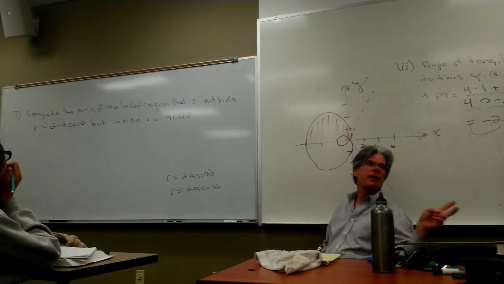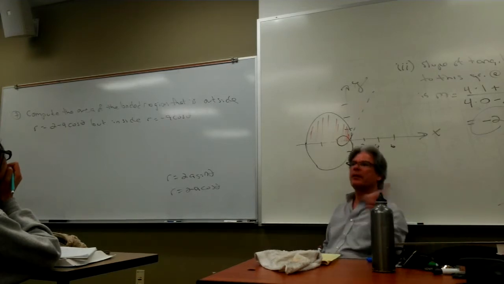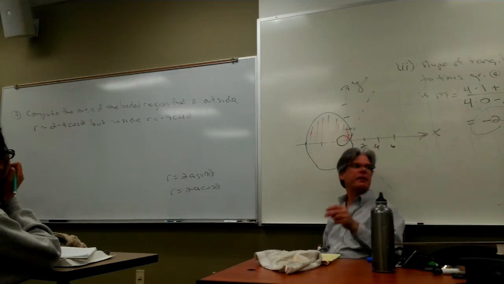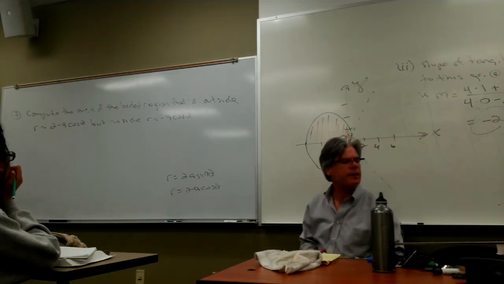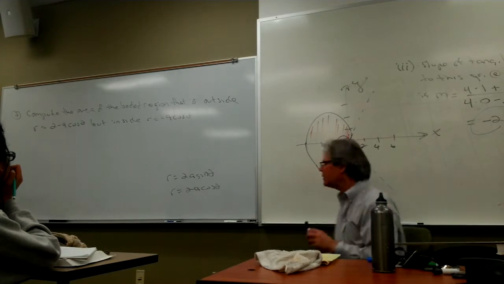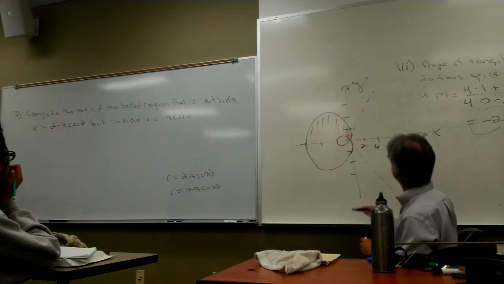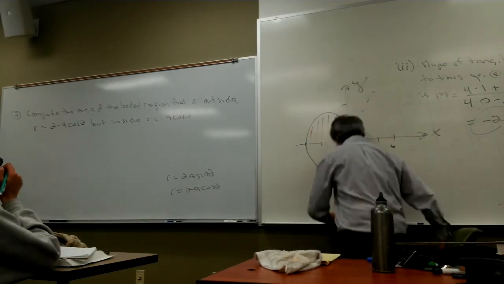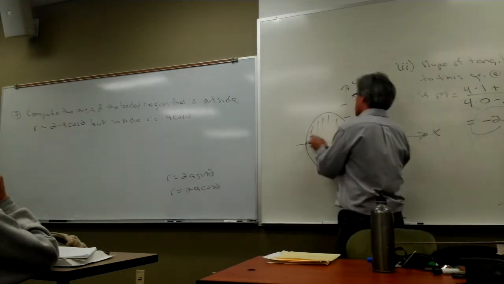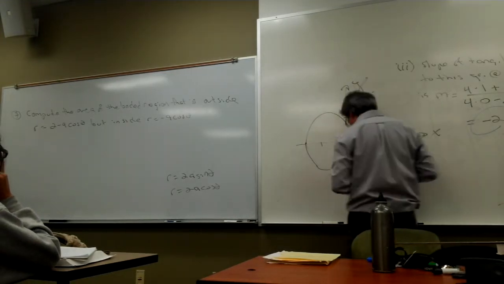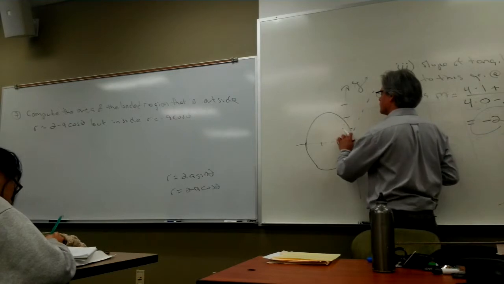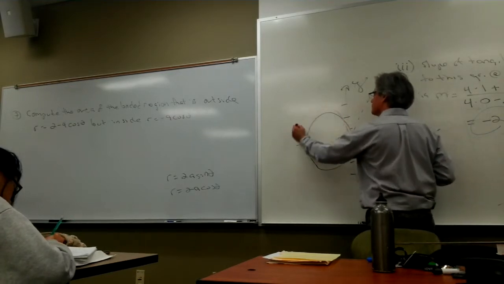It's cosine, so I'm spanning out about the x-axis, but the negative x-axis. So I think the curve probably does something like this. It's a circle.